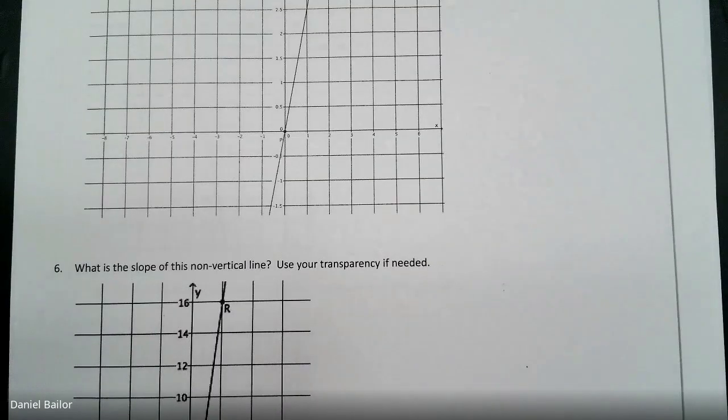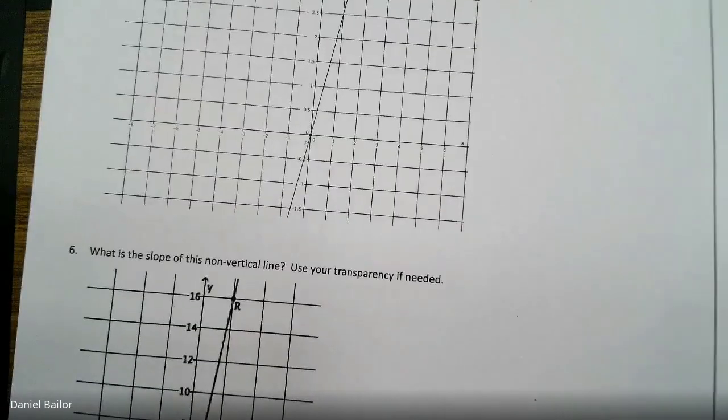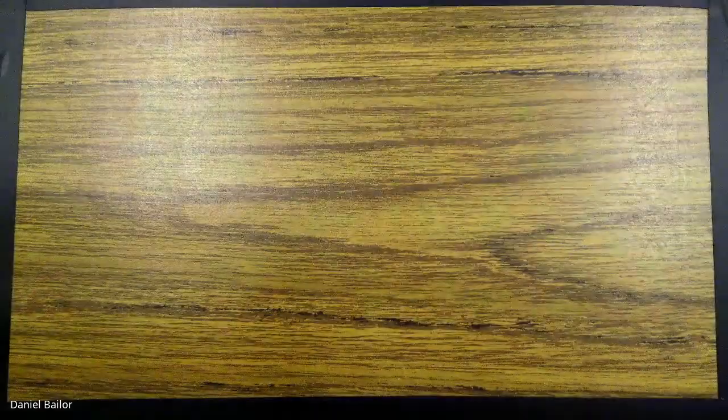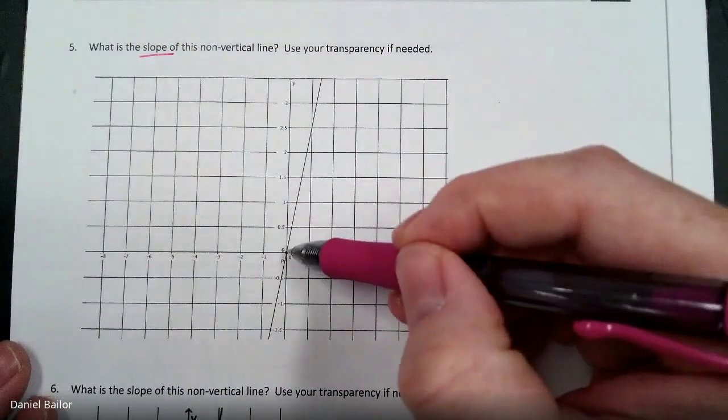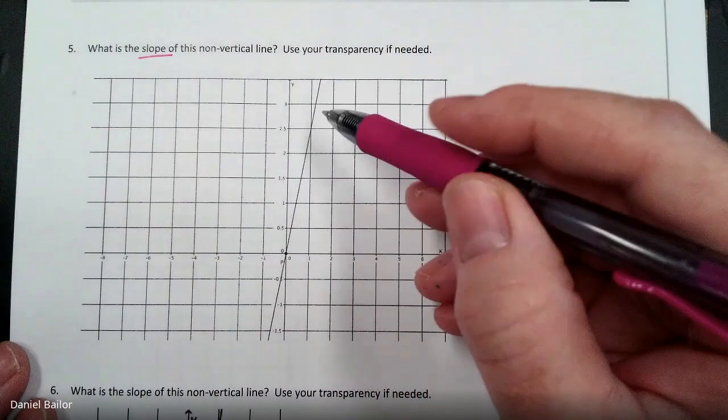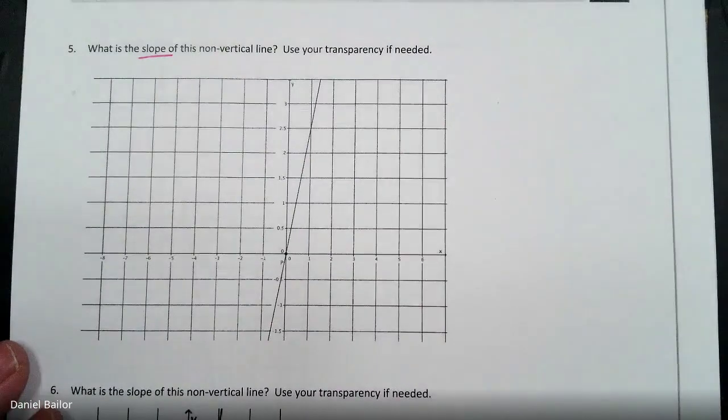For number 5, and yes, the problem set continues, I know it's 3 pages so far, but it's just because the graphs are big. Number 5, you need to find the slope again. What is the slope? And again, you have to pick P and R, but remember, you should pick where it crosses intersections.